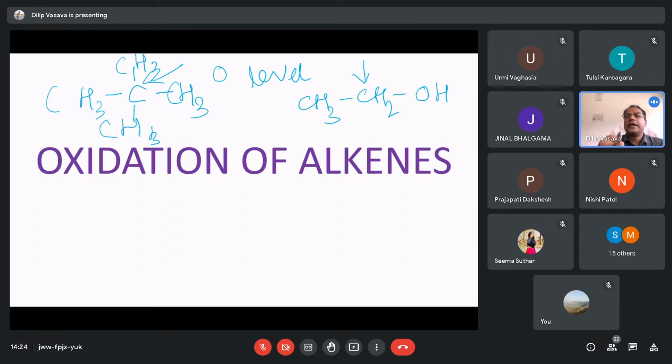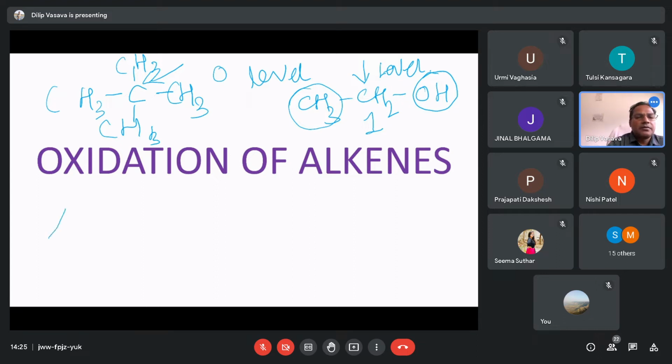So it is level 1, because one functional group is attached to this carbon atom. This is the electronegative atom and the functional group is present, so that is why it is level 1. In zero level, none of the functional group is present, whereas in level 1, one OH group is present.